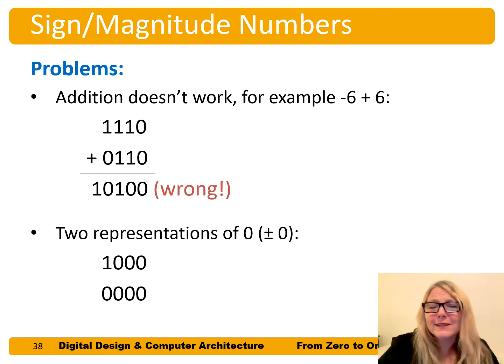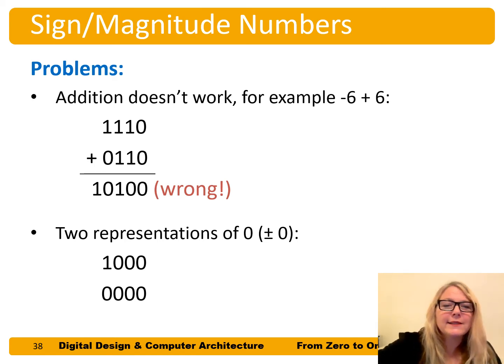And another problem is addition doesn't work. So let's take, for example, minus 6, that number we just represented, plus a positive 6. We add that together: 0 plus 0, 1 plus 1, we get 0, carry the 1. 1 plus 1 plus 1, we get 3, which is 1, carry the 1. 1 plus 1 plus 0 is 2, which is 0, carry the 1.